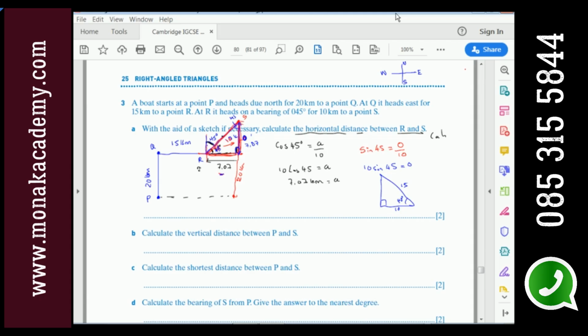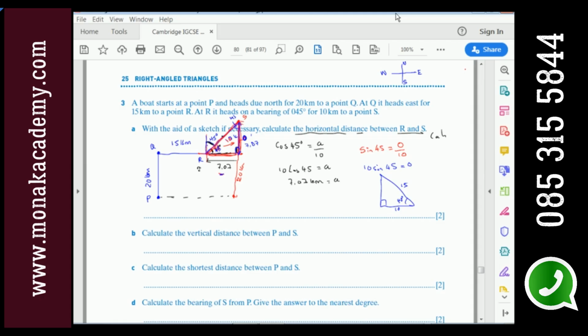Once you have a 45 degree angle, the other one has to be 45. So we didn't need to calculate, because once you know that the angles are the same, the sides are definitely going to be the same. That's why that question is just a simple 2 marks. We didn't need to do anything.